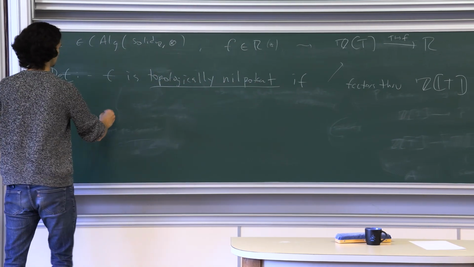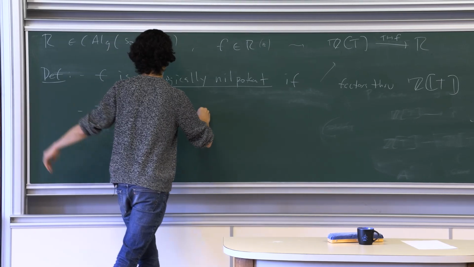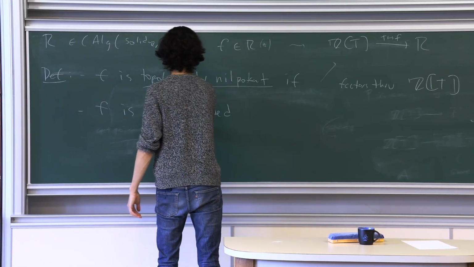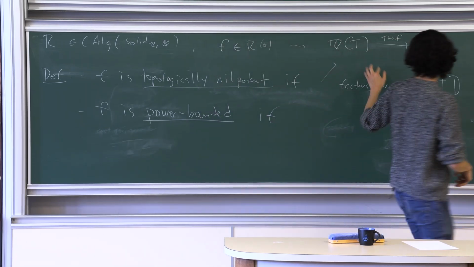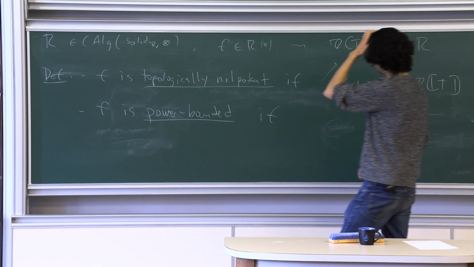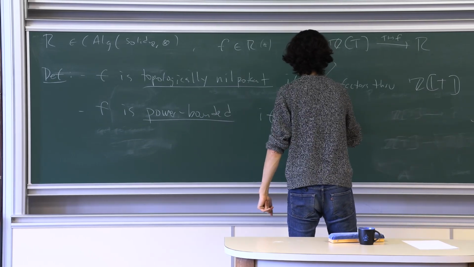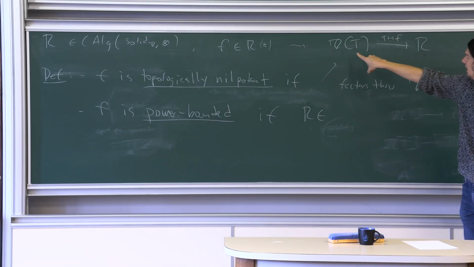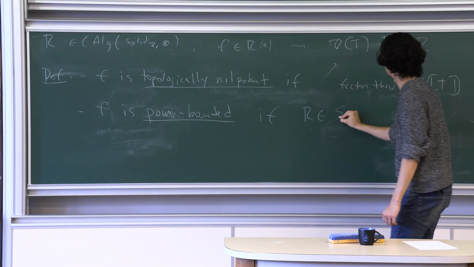And f is power bounded if, well, the map geometrically factors through the closed unit disk, but the way to say that is: R is an algebra over Z[T]. In particular, it's a module over Z[T], and we can ask that it be solid.